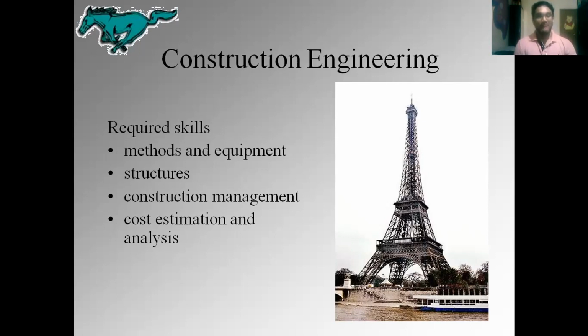You should be very good in construction management because you have to manage labor, material procurement, cost, planning, and scheduling. All this comes under construction management. And next one, cost estimation and analysis. These are the required skills for a construction engineer.